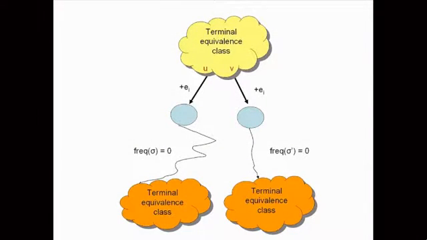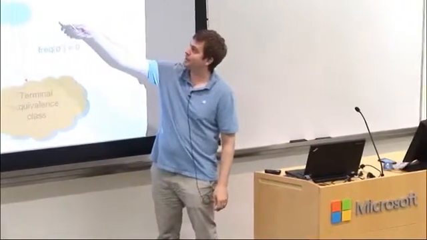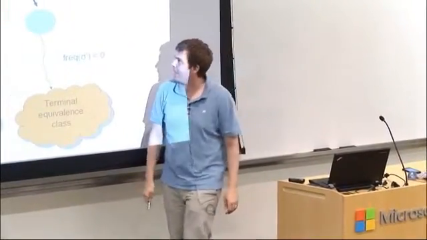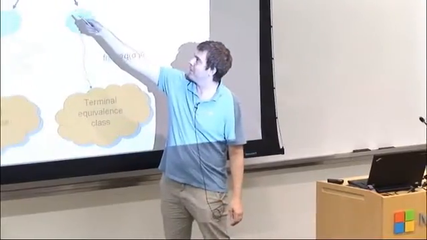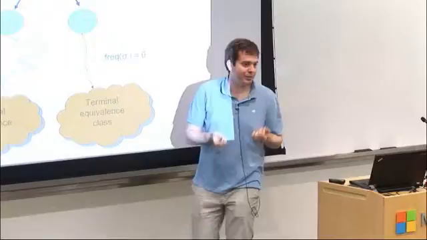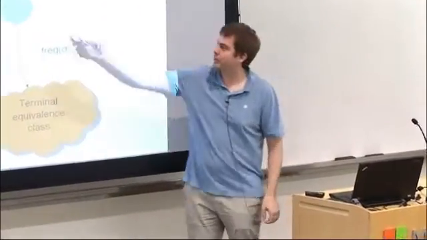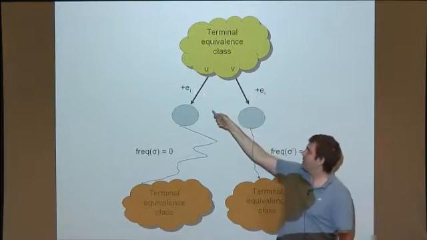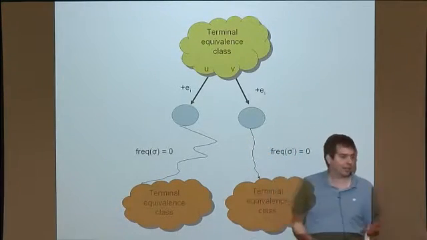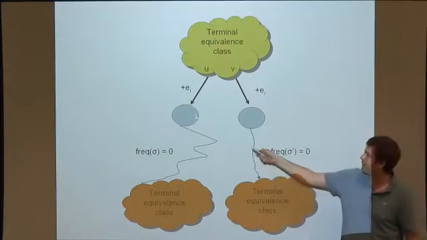So what's going on here? I'm in some terminal equivalence class, some state of the new automaton. And I had multiple choices, say U and V, of how to do my update. Suppose I chose U, and I did the update EI according to the old automaton, and I got to this state.